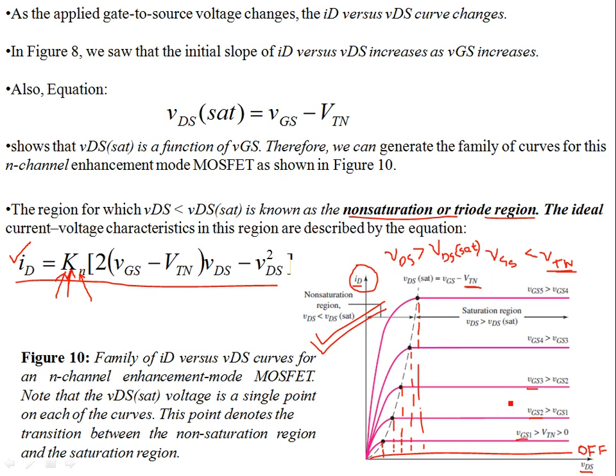For the given VGS, you should have the threshold voltage, which is determined from the given fabrication parameters of the transistor. And for the given drain source voltage, you can find what the current is. That can be done either graphically or analytically using the given current and voltage relationships.